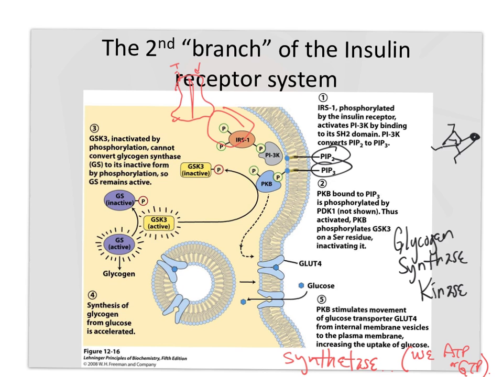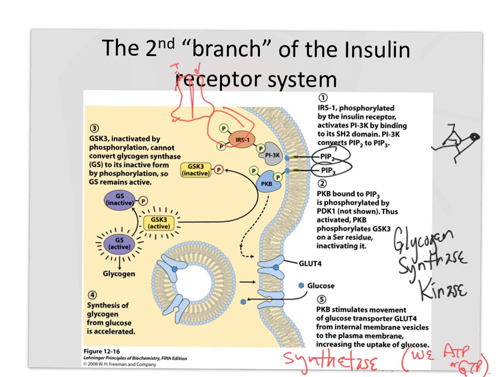This should make sense. Anytime we have insulin, that means we have lots and lots of sugar around. We want to be making glycogen. Glycogen stores sugar. So this is the way your body says, okay, now I've got enough for my energy needs, I can start to make glycogen for later long-term storage. When insulin levels run low and glucagon goes up, it's the exact opposite.